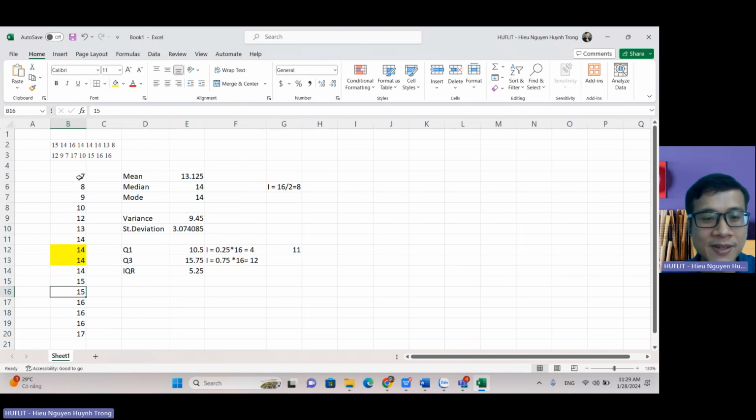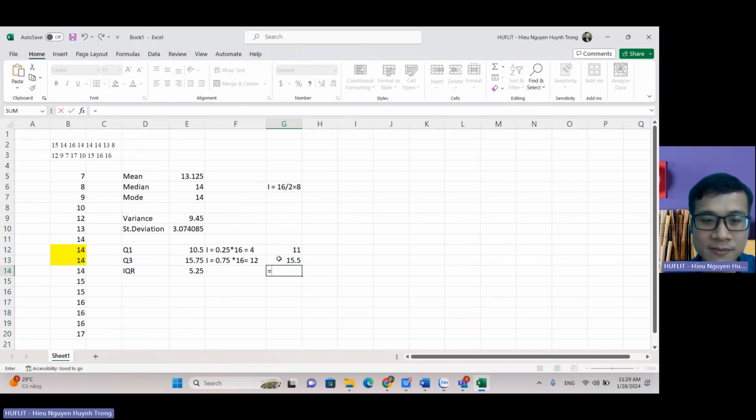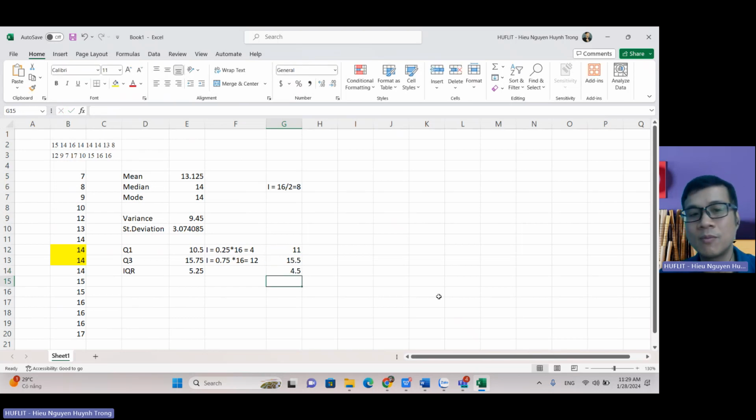Position 12 is 15, and similar to quartile 1, that will be the average between position 12 and position 13. So the average between 15 and 16 will be 15.5. The IQR in this case will be the difference between the two, Q3 minus Q1, which gives you 4.5.